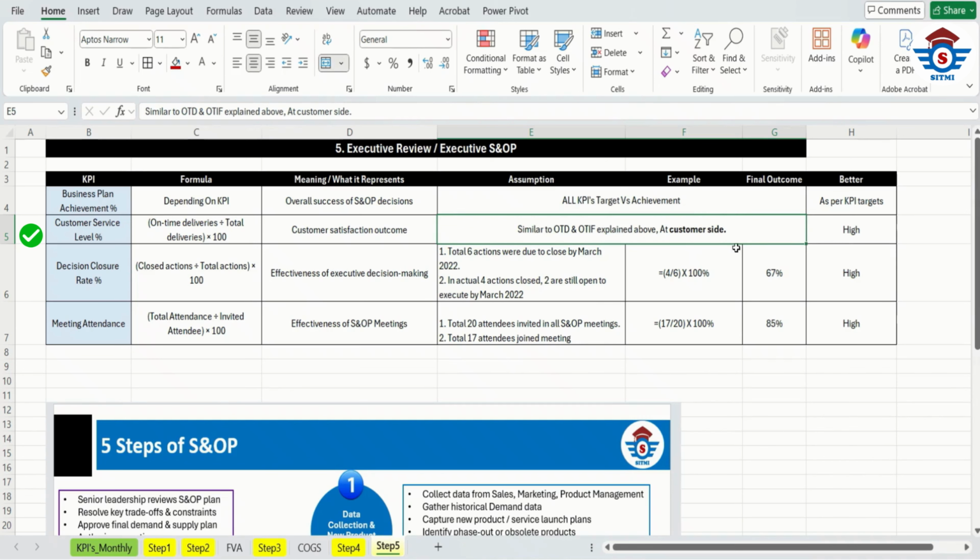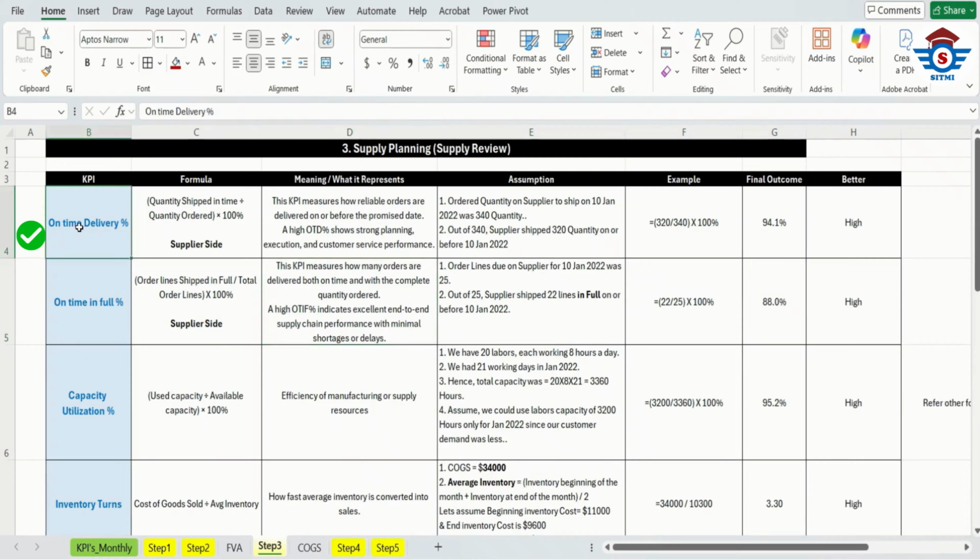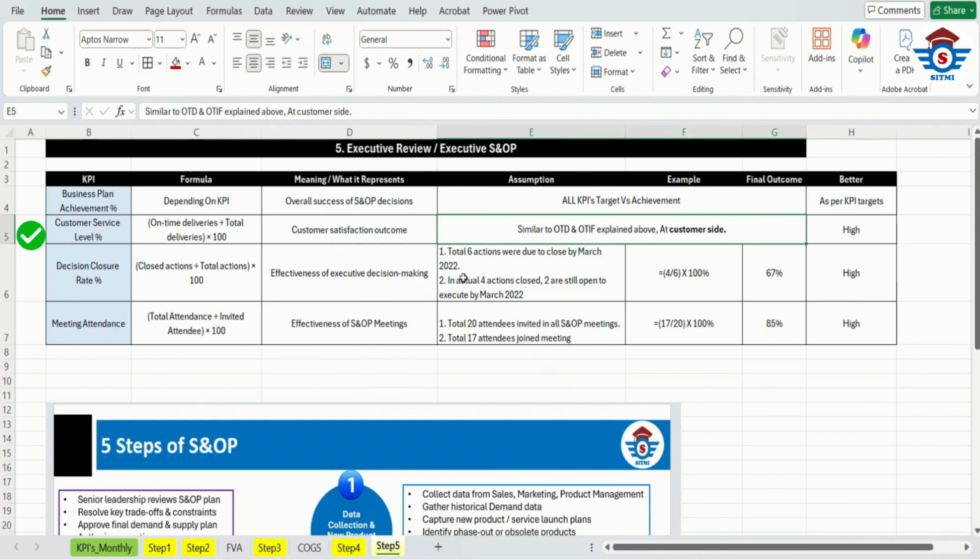While in supply planning, or step 3, we have seen these 2 metrics around supplier side, where we have checked our supplier's performance. But in this particular scenario, we are checking our performance against our customer orders. That means we are suppliers to our customers. Now, having high on-time delivery and on-time in full is basically better for the business.